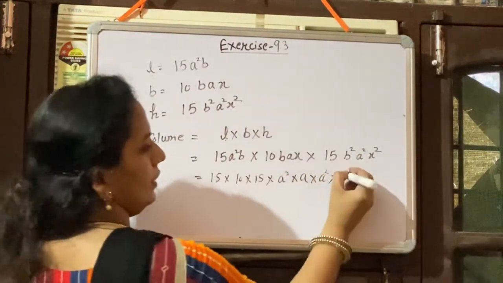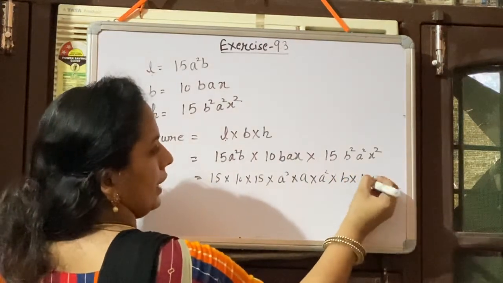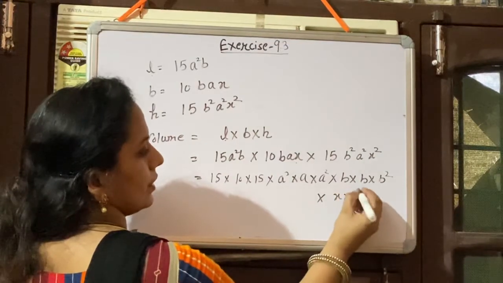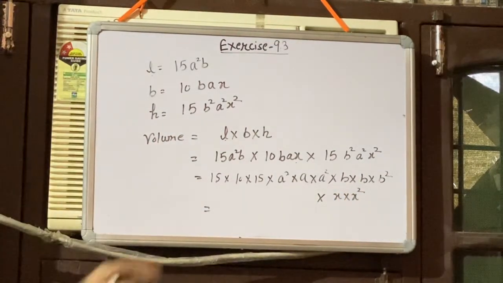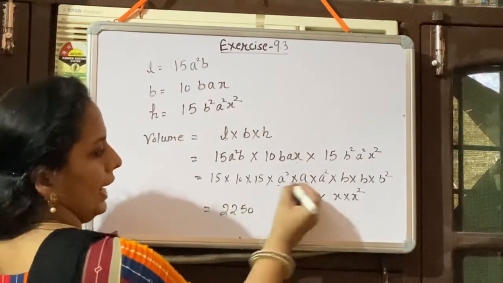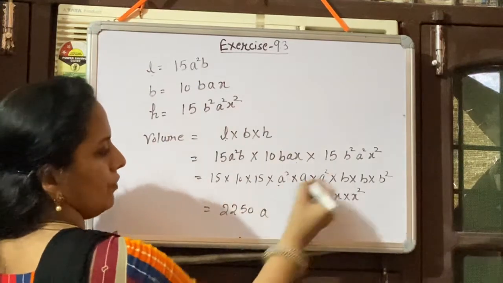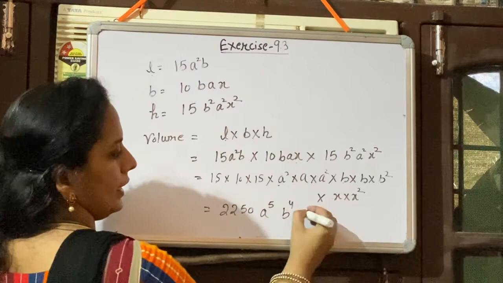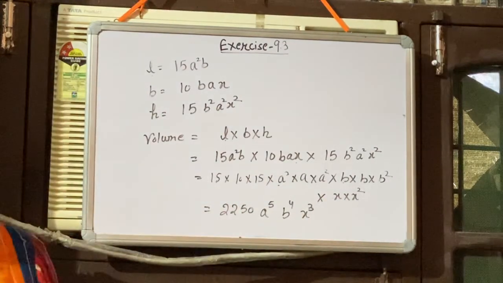Then b, b and b square. After that, x and x square. So our final answer will be 15 times 15 is 225, multiplied by 10, add the powers 5, add the powers 4, and then x raised to power 3. Okay.